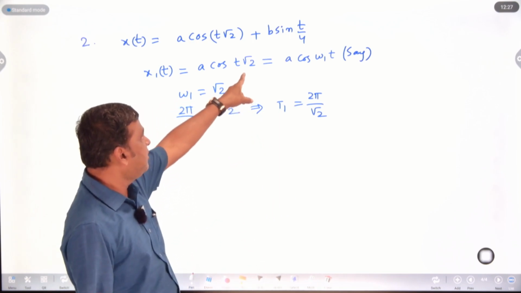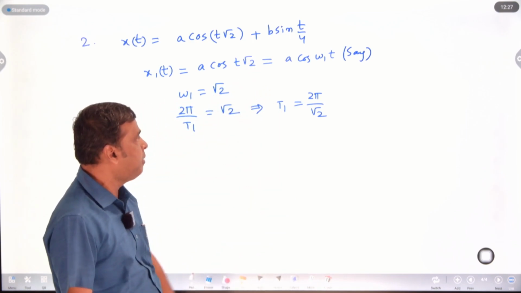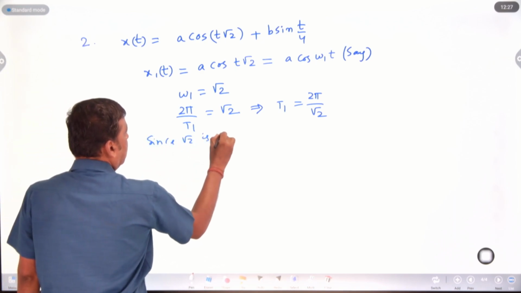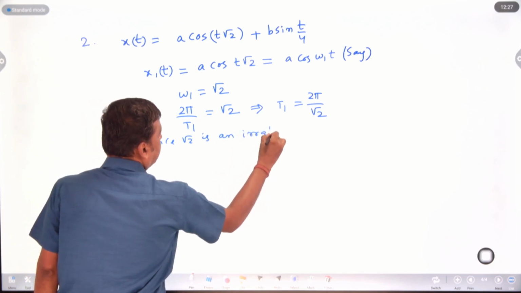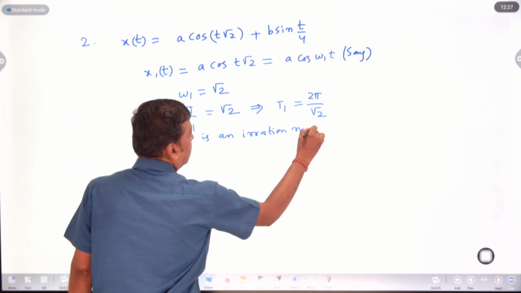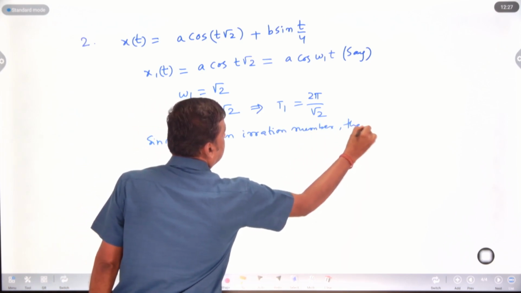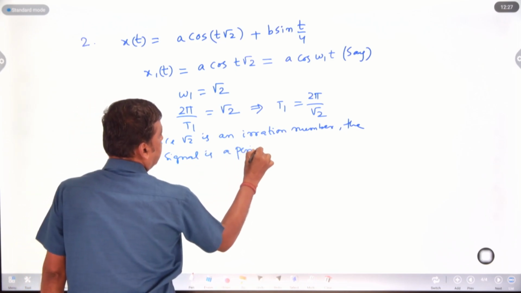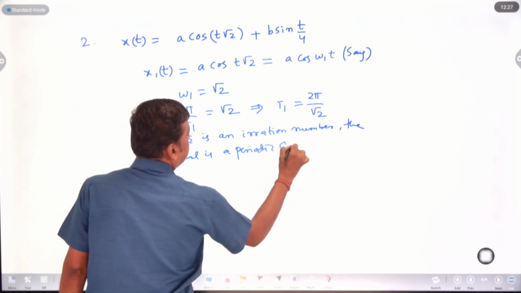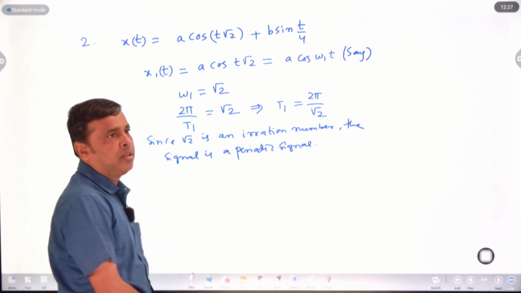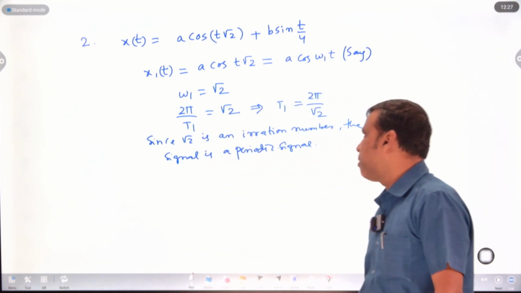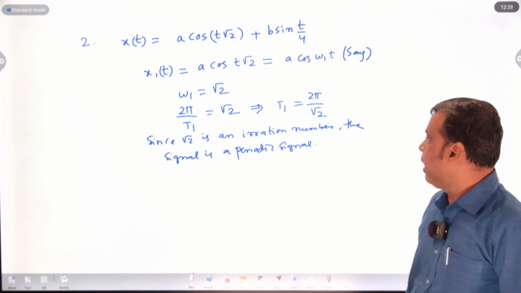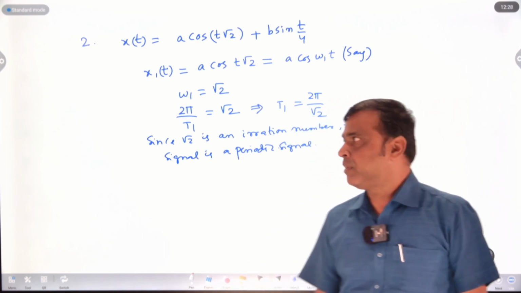You confirm that since root 2 is an irrational number, the signal is an aperiodic signal. Once you know the signal is aperiodic, there is nothing to calculate for the fundamental or common period of the multitone signal.